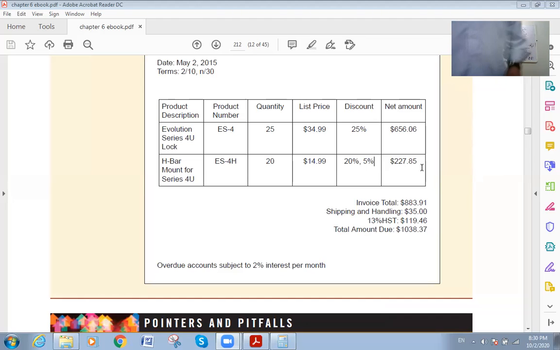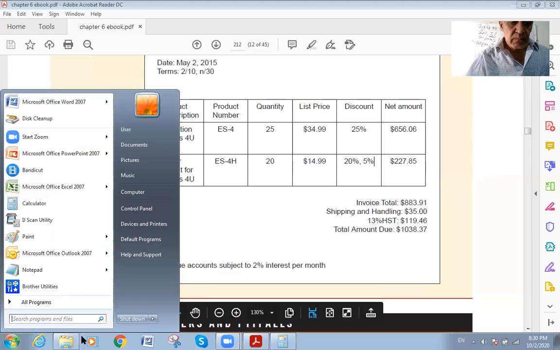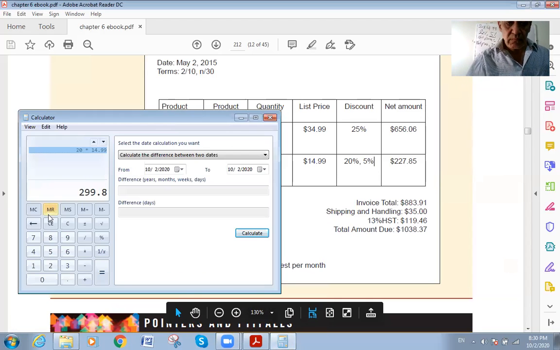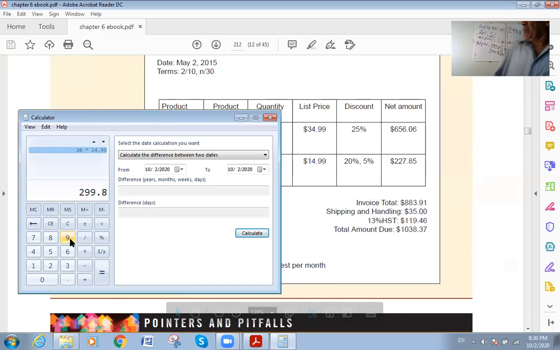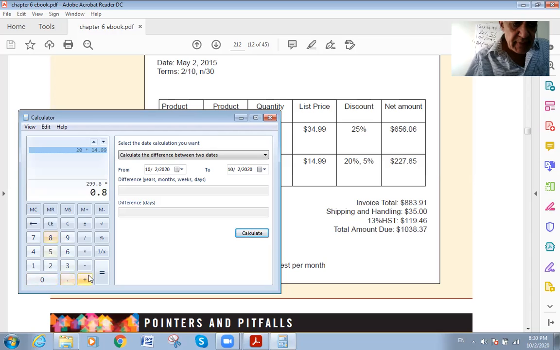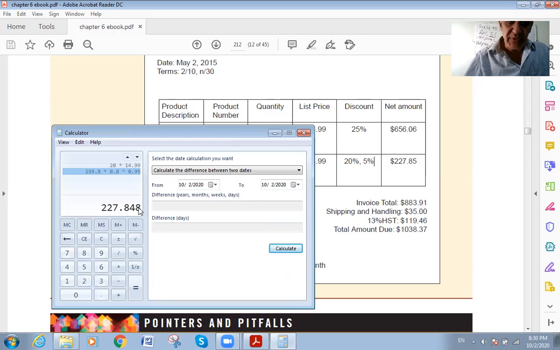Let's check whether we are right or wrong. We said 299.8 multiplied by 0.8 multiplied by 0.95. That gives 227.848, and he rounded the number 4 into 5 because of the 8.